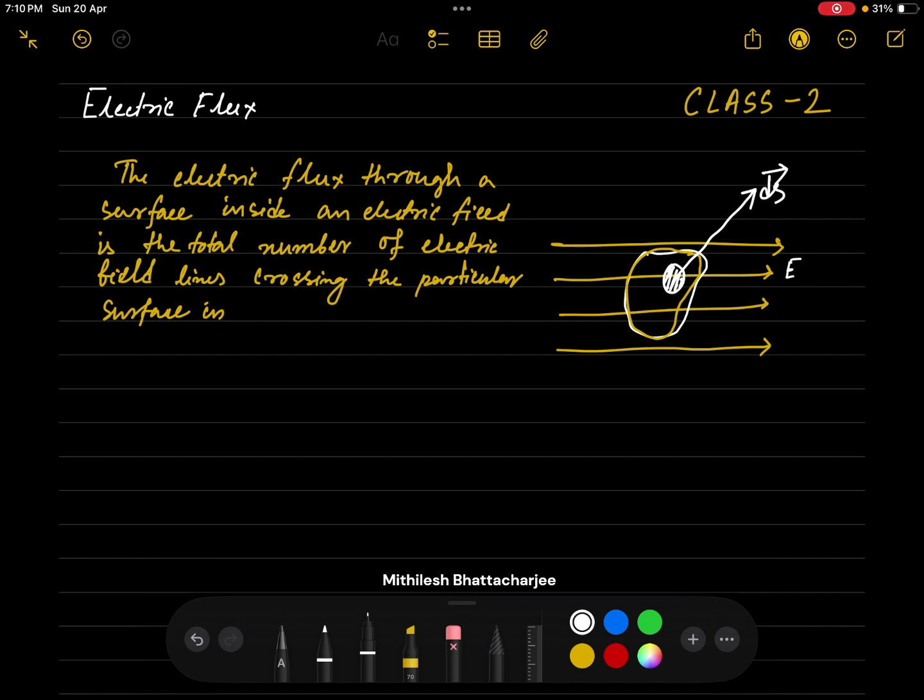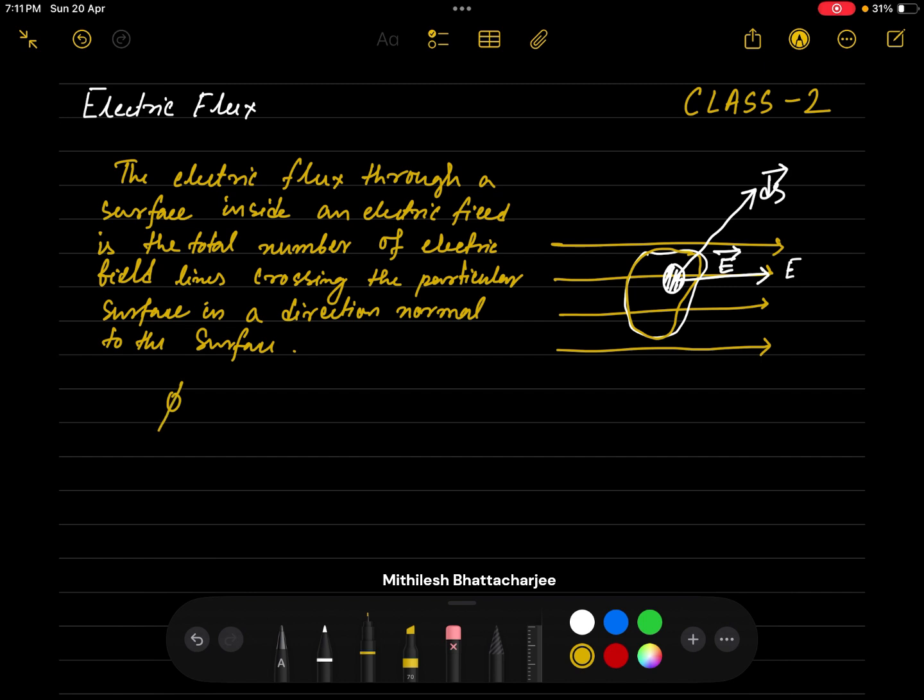Okay, and the electric field direction is E. Surface in a direction normal to the surface. Okay, so it is the property of electric field. Electric flux is the property of electric field, and we represent this as phi.